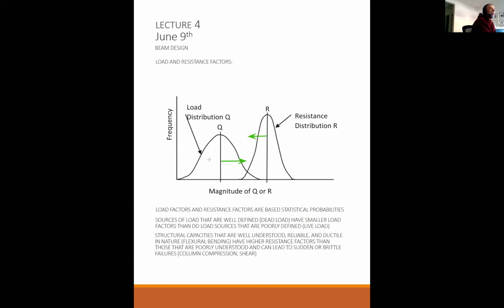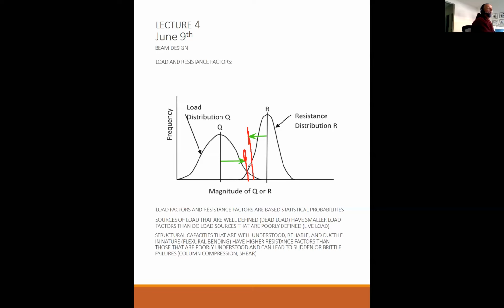And as long as, bear with me, let me get the right pin here. As long as after you have amplified your load to this point and you have penalized or decreased your capacity by a resistance factor to this point, as long as this is still greater than this and there's no overlap, then statistically speaking, you should be safe.